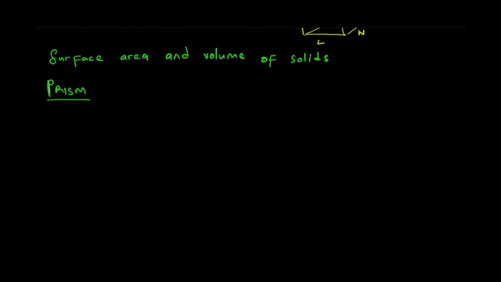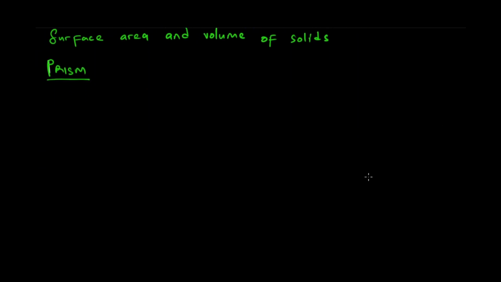When we talk about prisms, we mainly have 3 types of prisms. Yekutanga, we have what is called a rectangular prism. Secondly, we have what is called a triangular prism. And then, lastly, we have what is called a cylinder.